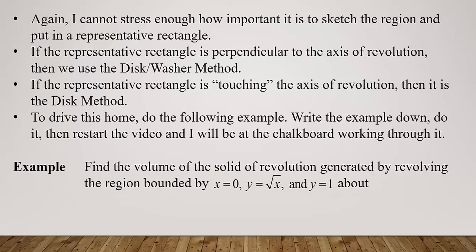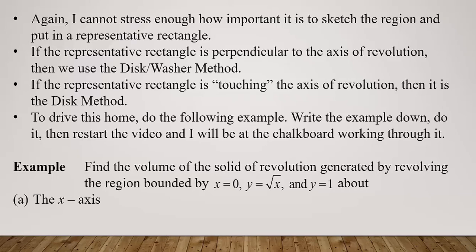So here's the example. Find the volume of the solid of revolution generated by revolving the region that's bounded by x equals 0, y equals square root x, and y equals 1. You're going to take that region and in part A, revolve it about the x-axis.